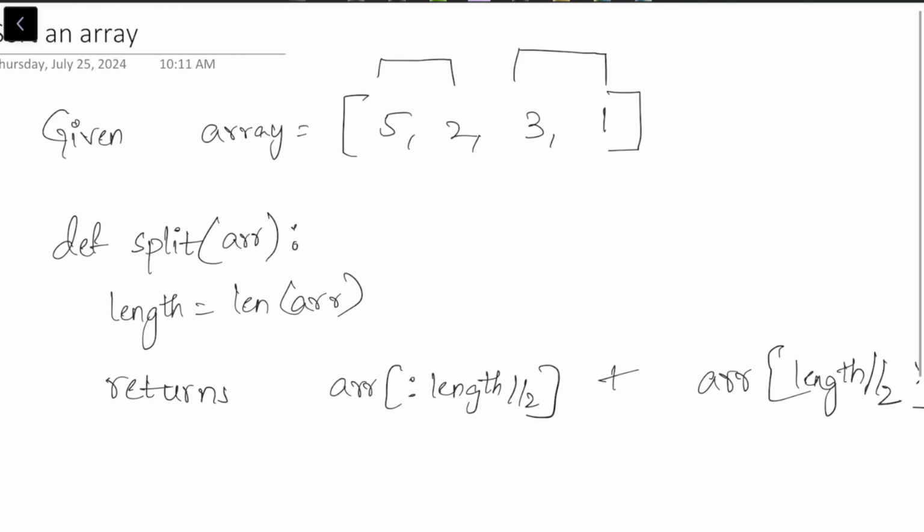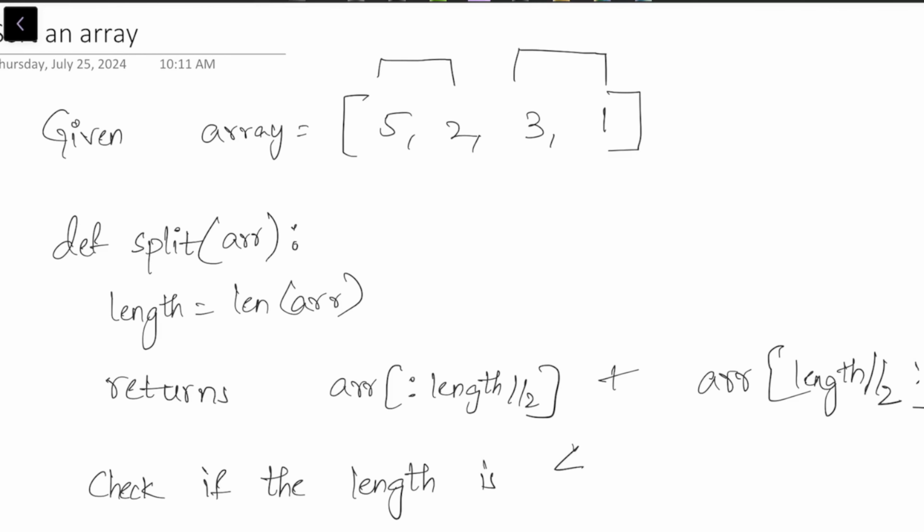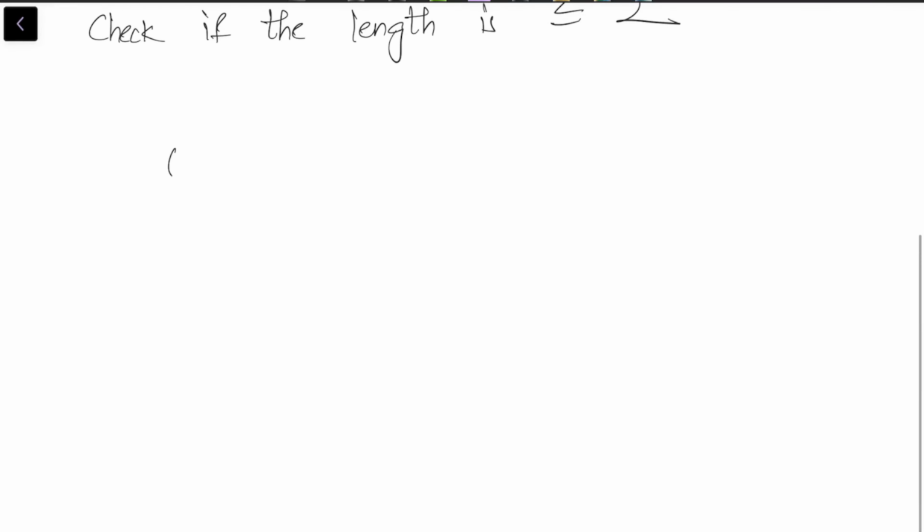After splitting, it'll check for a base condition. The base condition is to check if the length is less than or equal to 2. Why are we doing it? Let's see. If you take 5, 2, 3, 1, this is the array.